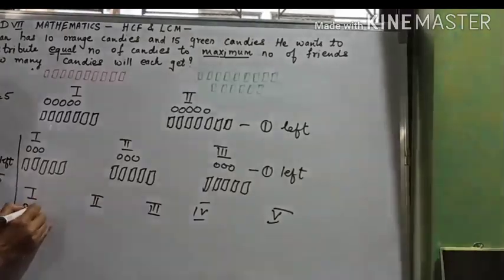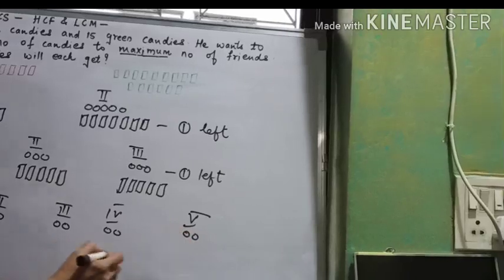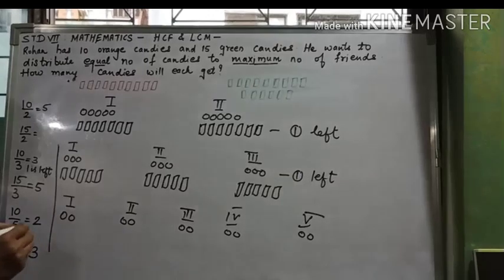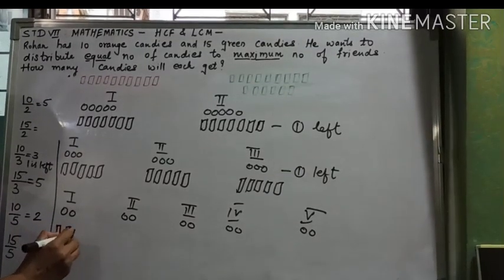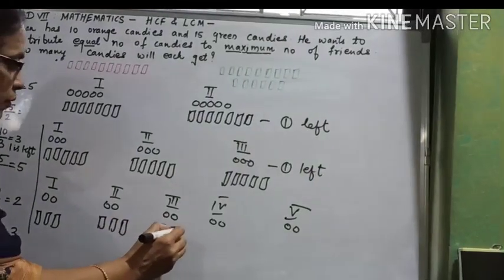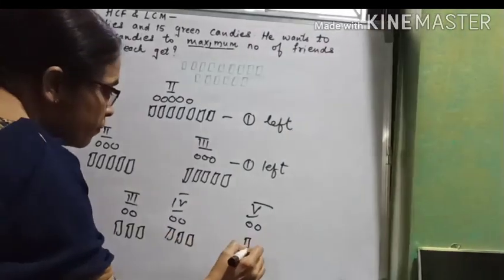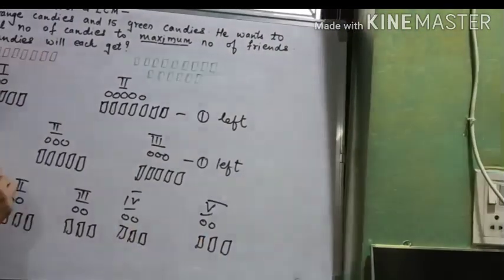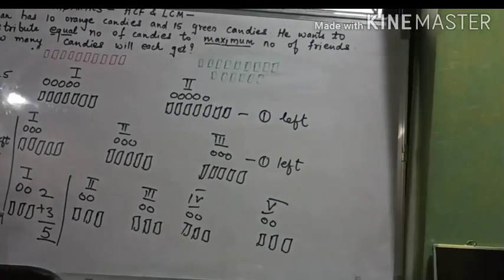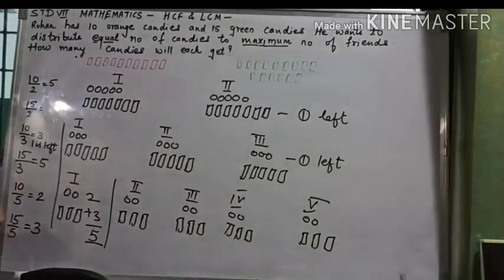So each will get 2 orange candies, and green candies are 15, so each will get 3 green candies. So here 2 plus 3, 5. So each friend will get 5 maximum candies, 2 orange and 3 green.